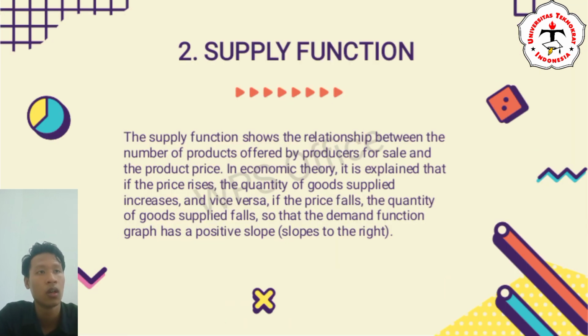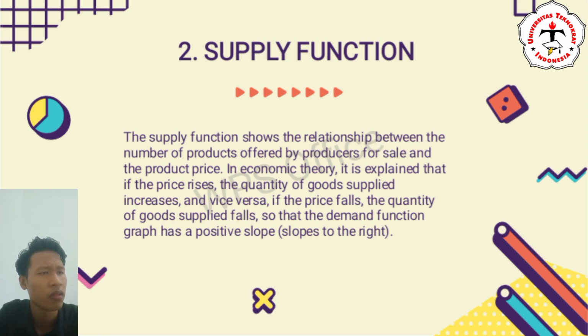Point number 2 is supply function. The supply function shows the relationship between the quantity of product offered by producers for sale and the product price. In economic theory, it is explained that if the price rises, the quantity of goods supplied increases, and vice versa.